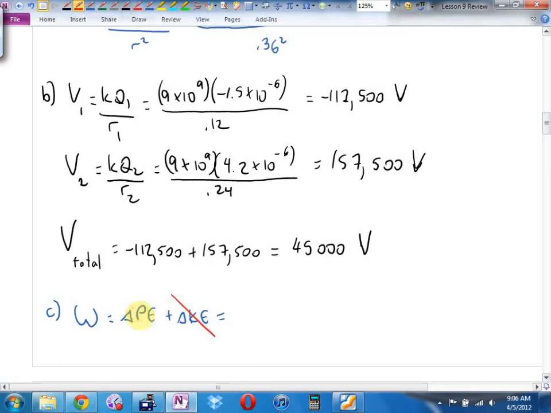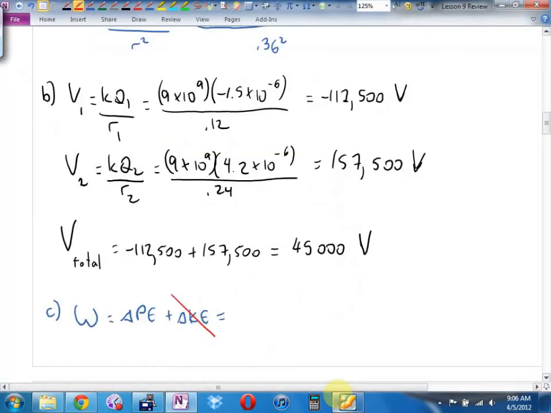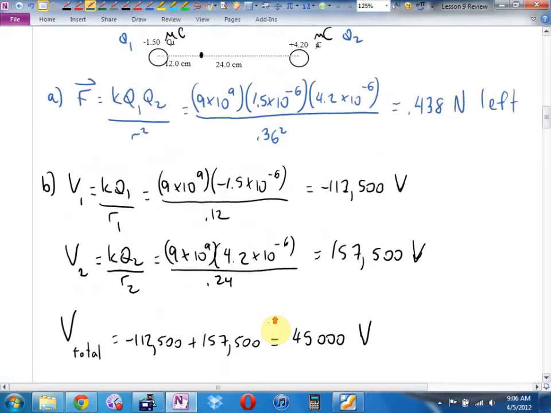Voltage. You know what? Although I could go potential energy between the final, I think a quicker way is to recognize that I can go Q V, where little q, Kayla, is the charge that I'm moving. How big is the charge that I'm moving?